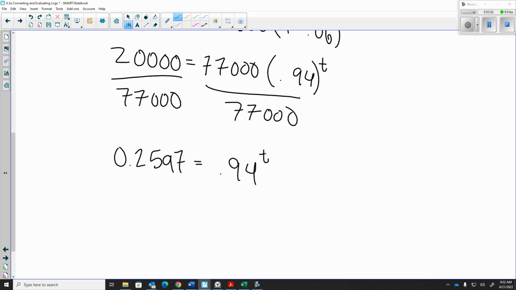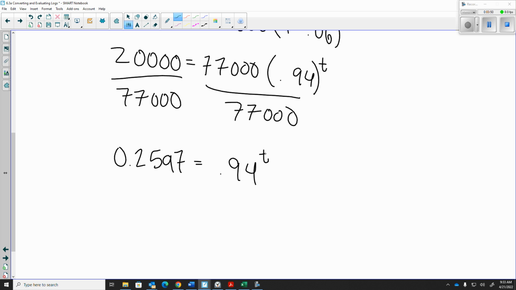This is where we run into a problem. How are you going to get T? A root of T? What is that? Do we even know how to do that? And even if you take a T root, that gets rid of the T, right?